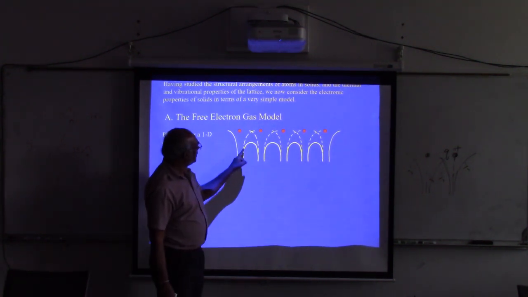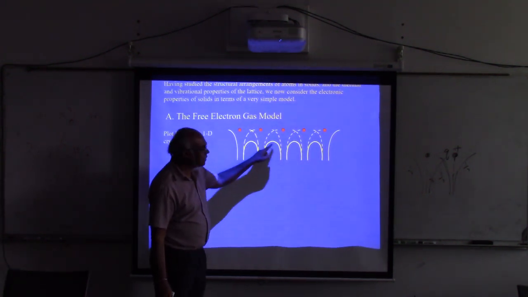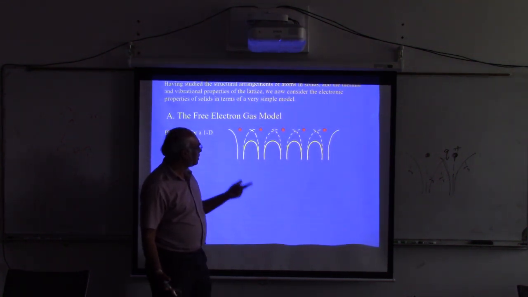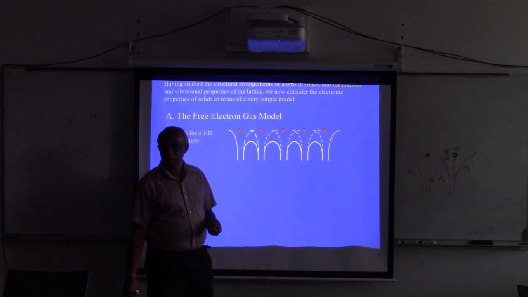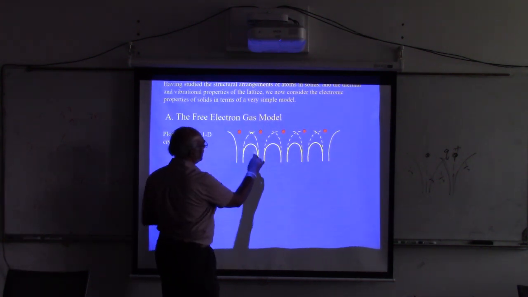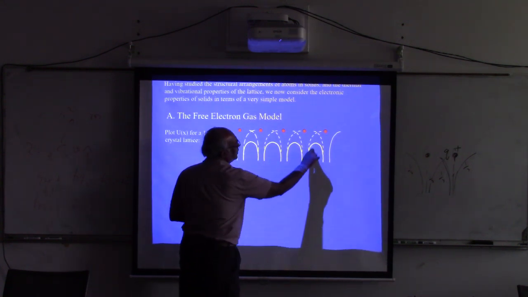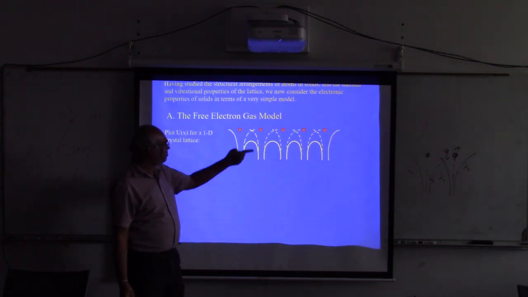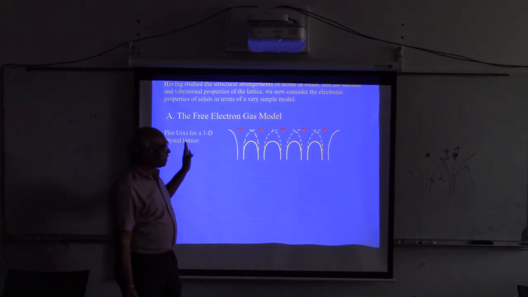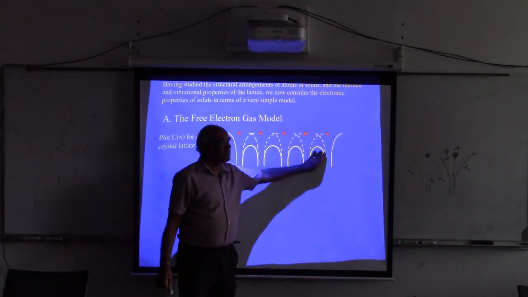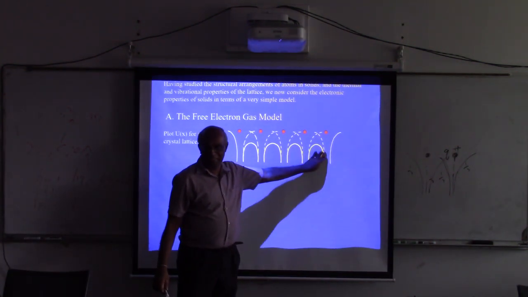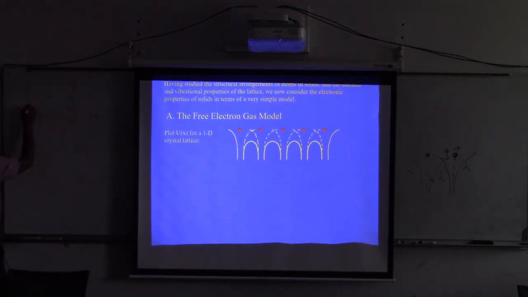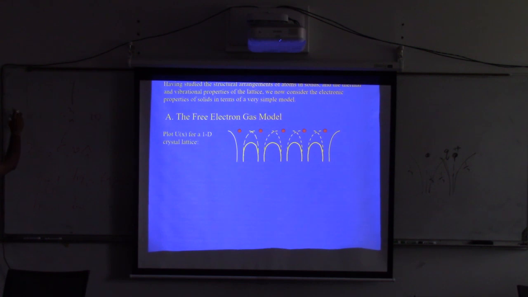When you add them, it becomes like this, right? So the total potential, what is the best approximation you can get? You can make something like this, like a sine, right? That's something you can approximate. But in this free electron model, we completely neglect this potential. That's pretty simple: if this is the edge of your sample, there's no potential.